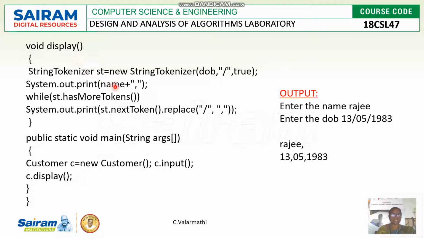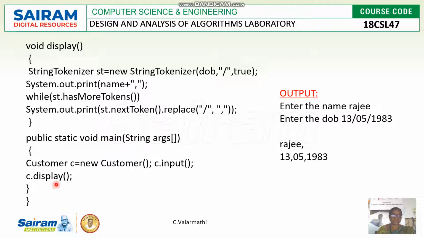Once st is created, we need to process the delimiters. For each token we replace this slash delimiter with a comma. So what I mentioned here is comma. You can see the output here: instead of this forward slash, every token is separated by a comma. Using the replace method, it is being done. This is what is done in the display.